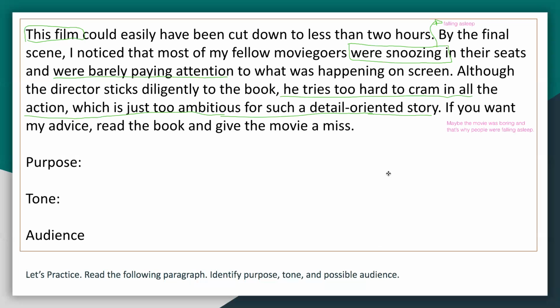Oh, so the author of this review, this author did not like the movie and is suggesting that people skip the movie. So obviously he did not like the movie at all. So now I'm going to ask myself, was the purpose of this, and I'm actually going to go back so that we can see it.